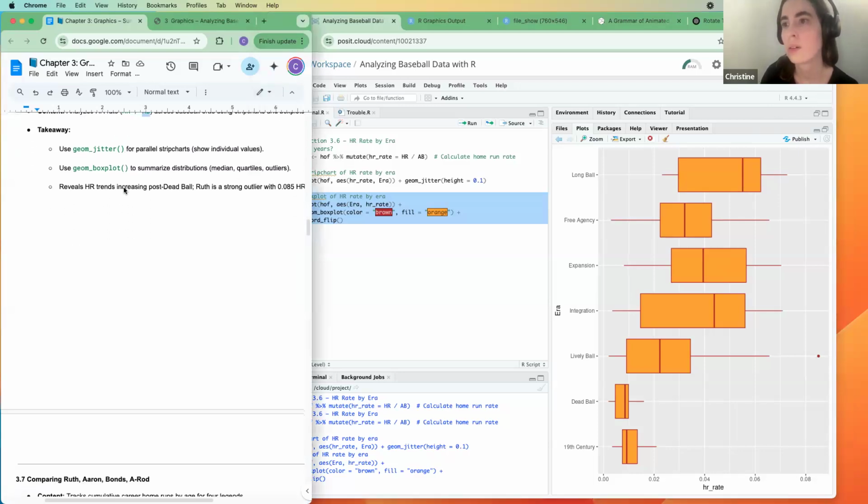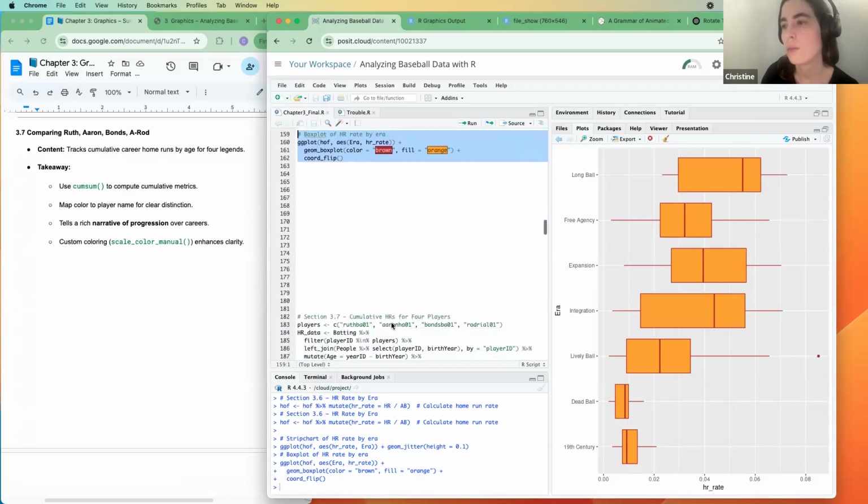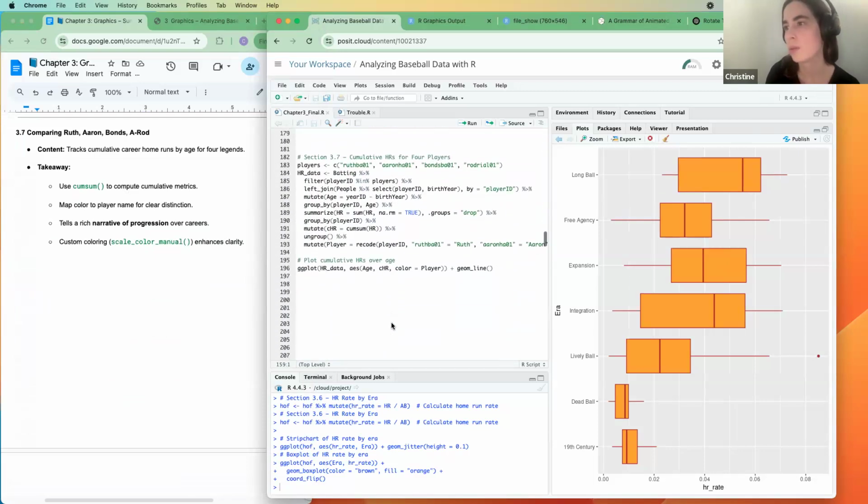Pretty cool. And then we were focusing in on 4 players here that are known for being exceptional and digging into their data.